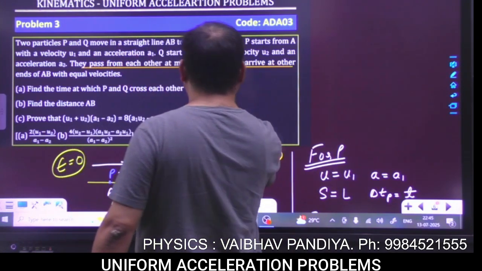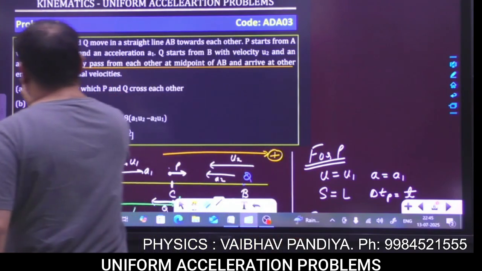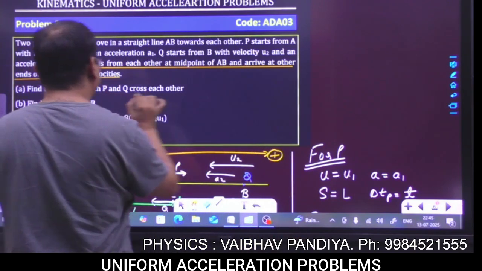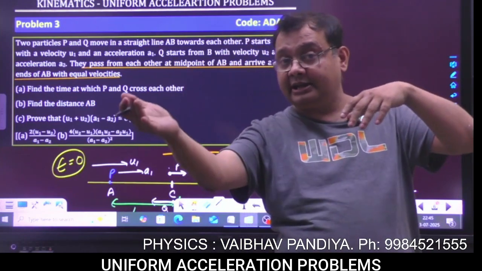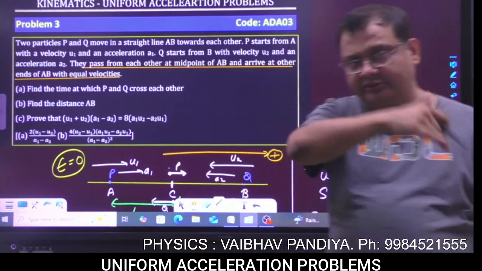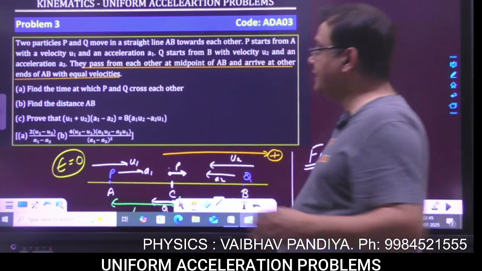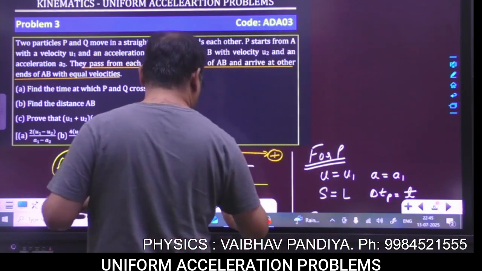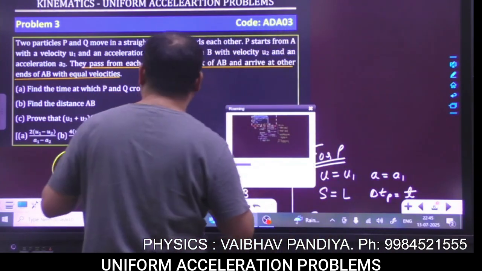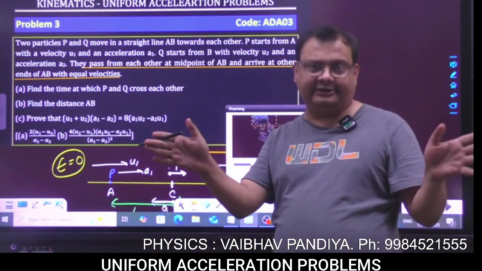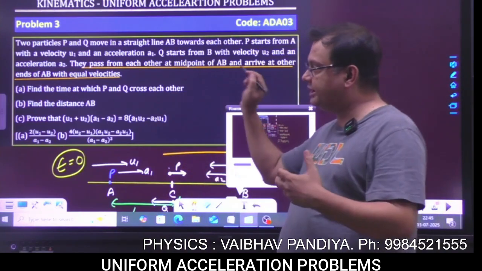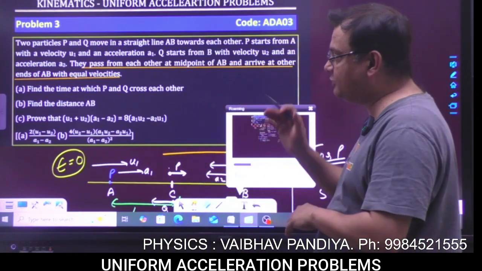One information is that they are crossing each other at the midpoint. Then it is given that when P is arriving at B and Q is arriving at A, they have equal velocities. Basically, it must be equal speeds. The problem says equal velocities, but the velocities are in opposite directions, so they can't be equal. So the right interpretation must be equal speeds.